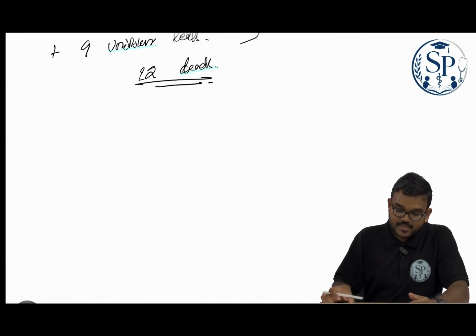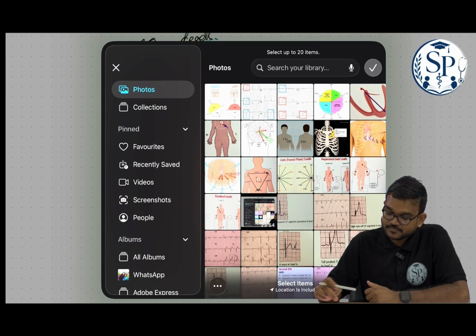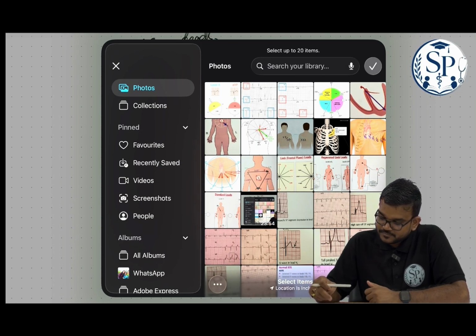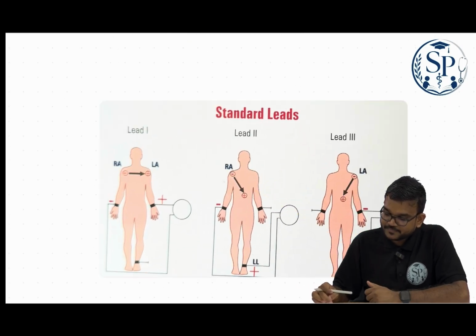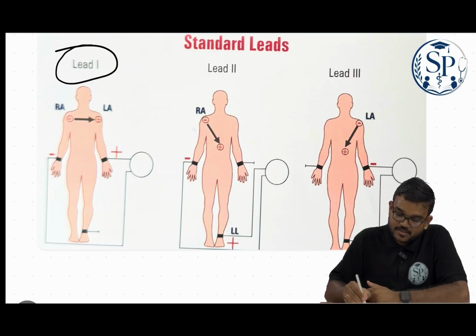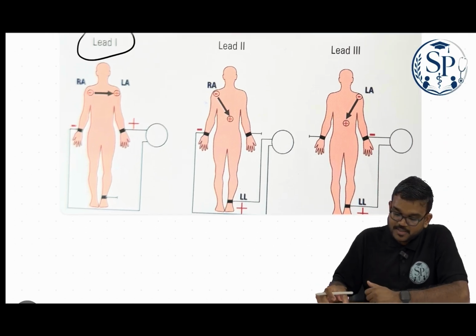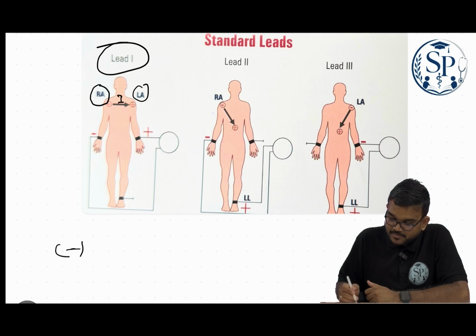Okay, now we'll discuss how the leads are placed. This is the image of the standard limb lead 1. Here you can see the right arm and left arm, this is lead 1, with the negative end of the electrode and the positive end.